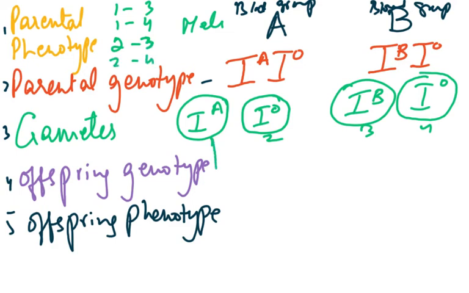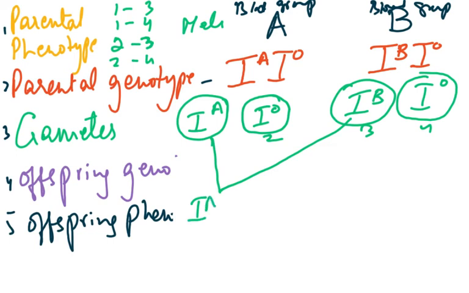So if we join 1 and 3, now you can see how this is going to change. If it is 1 and 3, then the sperm has IA and the ovum has IB, so the zygote will have IA IB. Now the blood group will be AB.